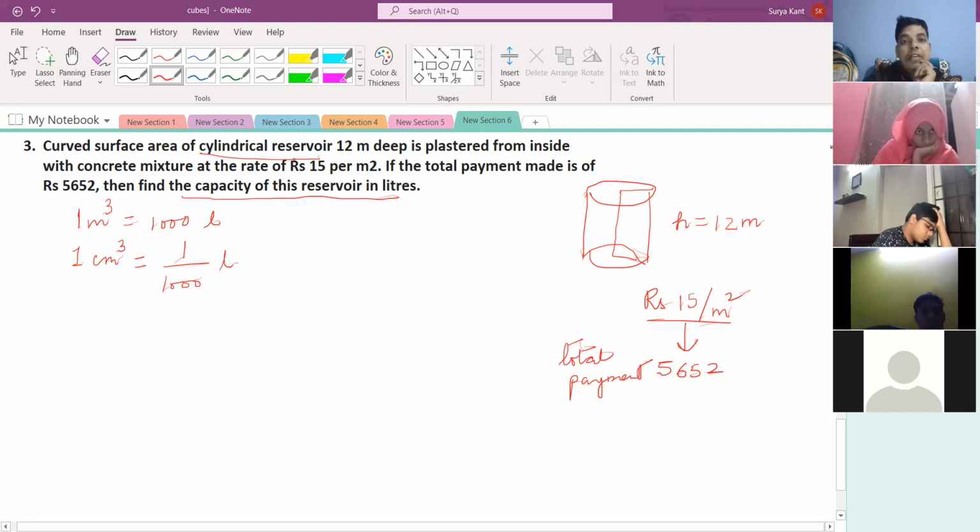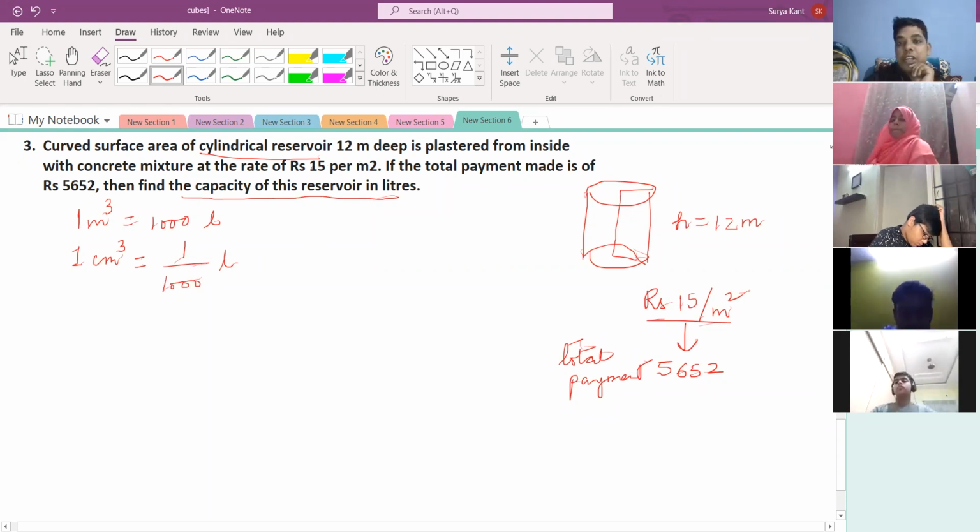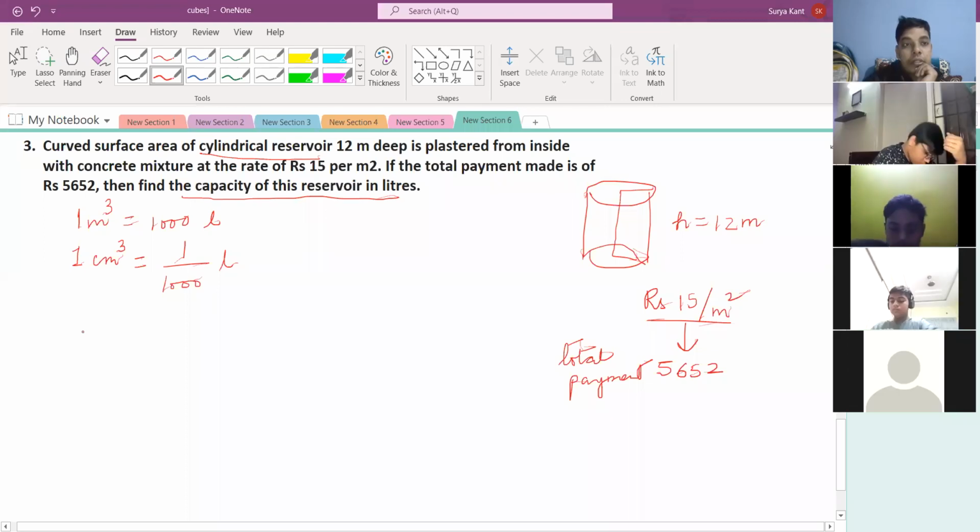CSA of the cylindrical reservoir, 12 meter deep, is plastered from inside with concrete mixture at the rate of this much per meter square. This is area, so the cost of 1 meter square area is how much? 15 rupees, right?